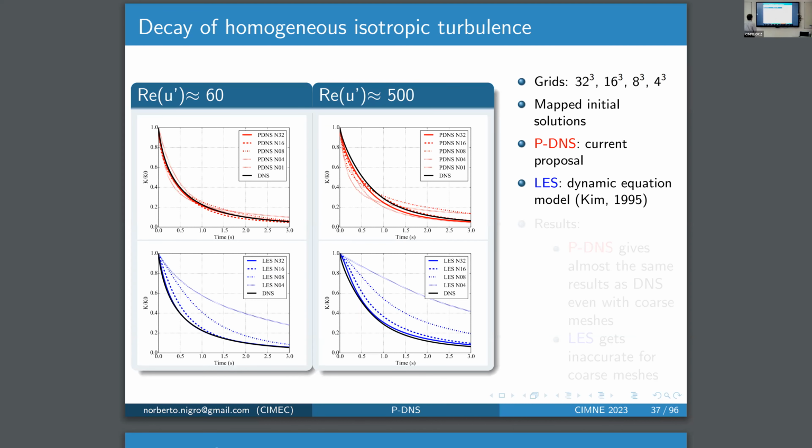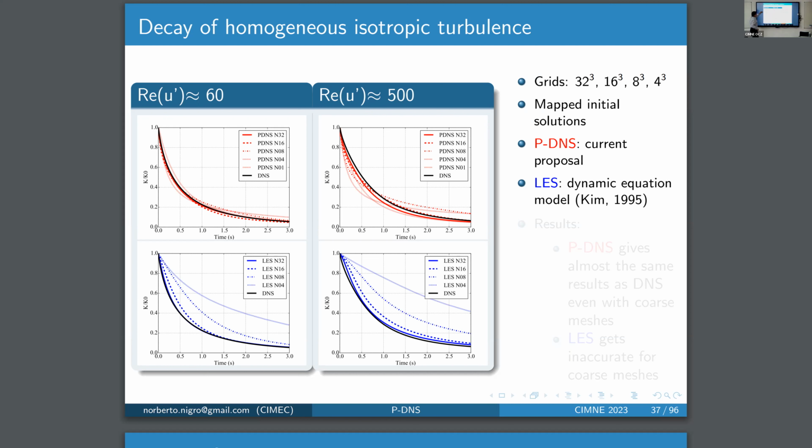And this is, for example, how the decaying turbulence looks in our simulation. For example, the reference DNS is the black curve, and here we have the kinetic energy with respect to the initial kinetic energy, how it decays in time for different meshes. Meshes with 4 cube, 8 cube, 16 cube, and 32 cube, these points.